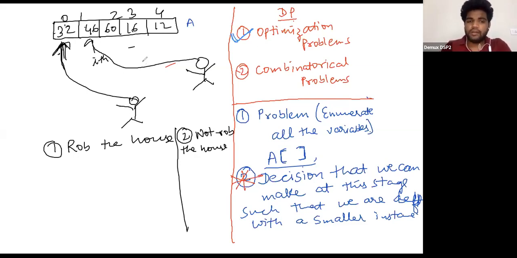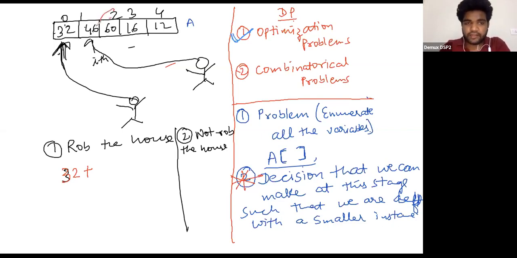So now let's say the robber goes ahead with the decision of robbing this house. Then what is the money that he has gathered? He would have gathered 32, correct? And now you know that if he robs 0, he cannot rob 1 because of the constraints of the problem. So what is he left with?